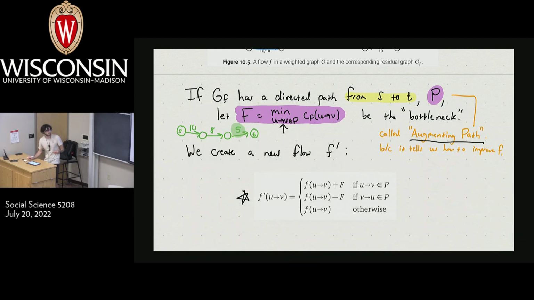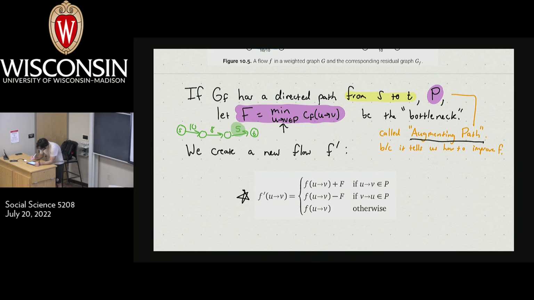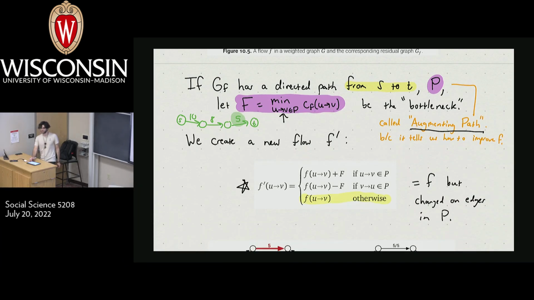So intuitively, this new flow is exactly the flow F, but changed on the edges in the path. So we make everything else the same. We're not changing the other flow values. We're only changing the flow values on the path.